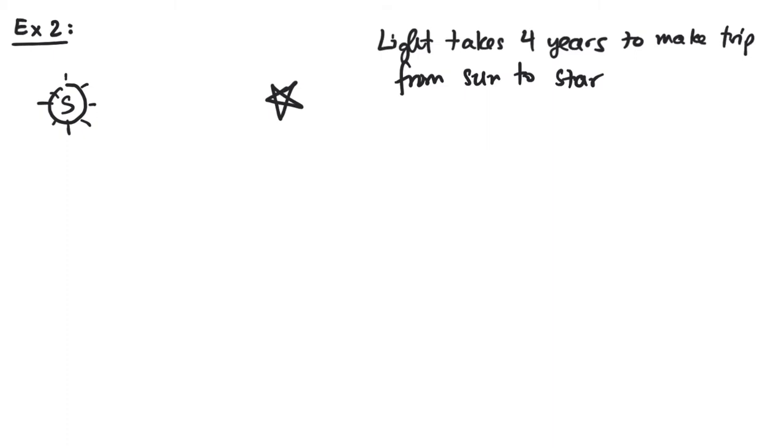If we have our photon here, it's traveling at c, and we put a clock on the sun and a clock on the star.